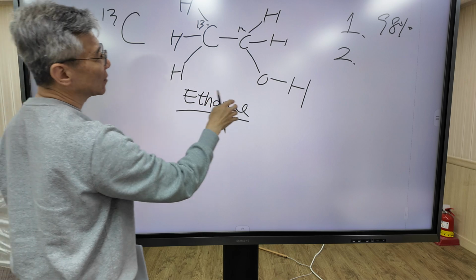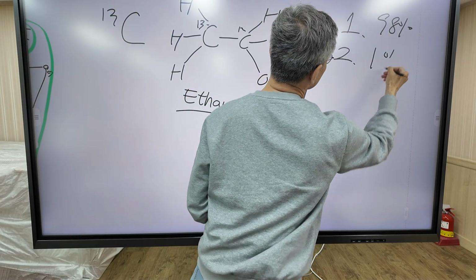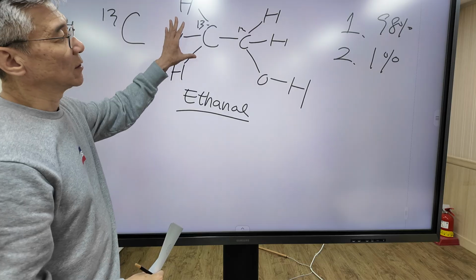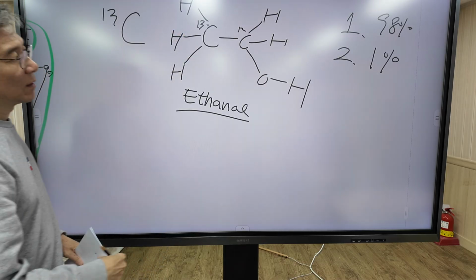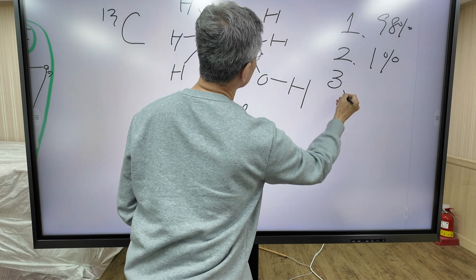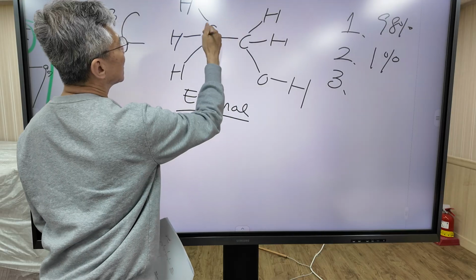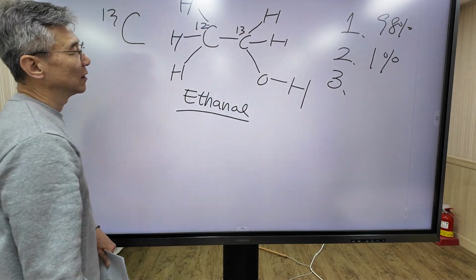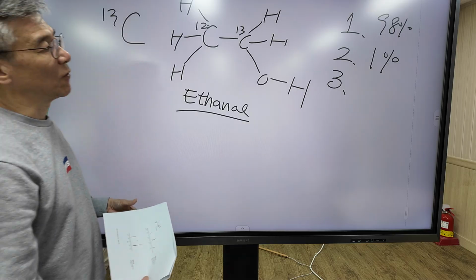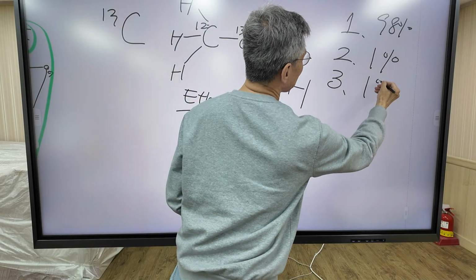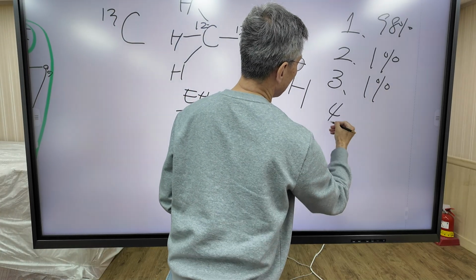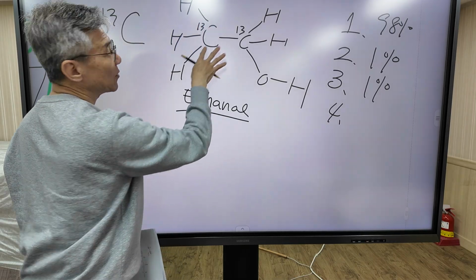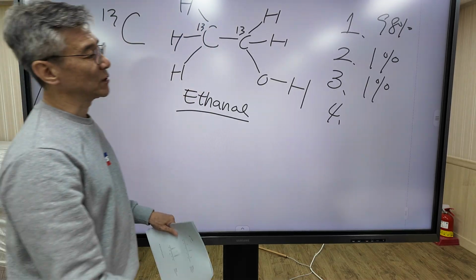This accounts for about 1% of the total. Third molecule: in this case, this carbon is carbon 12 and this carbon is carbon 13. This molecule accounts for 1%. And lastly, both carbons are substituted by carbon 13. This is almost 0%.